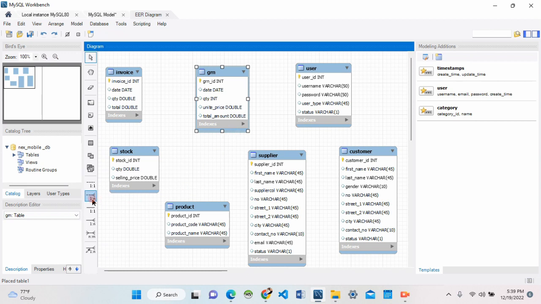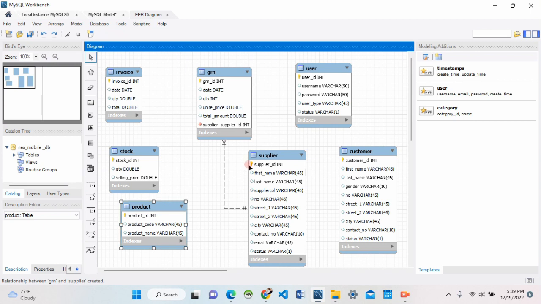So now I mark the relationship. Supplier is the one side, and GRN is the many side. So I click the GRN table first because it is the many side, then the supplier side. Now we can see the relationship is marked as a non-identifying relationship. GRN table is the many side and supplier table is the one side.